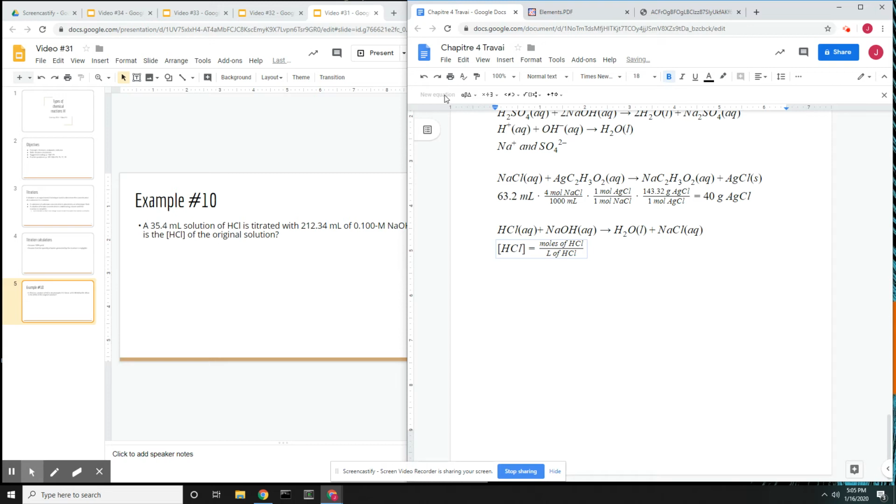I don't know my moles, but I do know that I've got 35.4 milliliters of that, and then I can just convert that to liters.